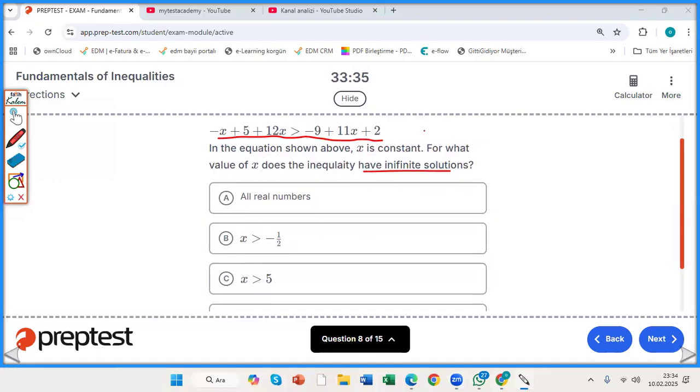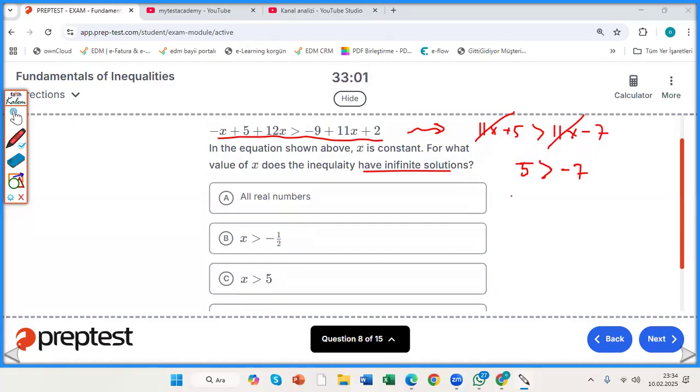Okay, firstly, let's try to organize it. 11x plus 5 is greater than 11x minus 7. As you can easily realize, you can eliminate x variables because sooner or later you are going to see that 5 is greater than minus 7.